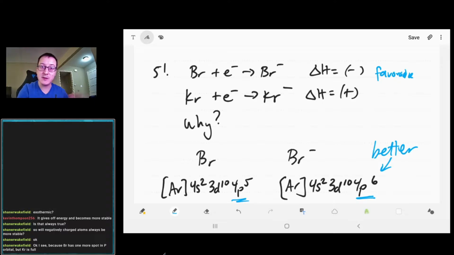If it's positive, it's endothermic, or as we're going to see in Gen Chem 2, endergonic, which just means it's gaining energy, whereas endothermic is gaining heat. For us right now, they're the same thing. And the opposite, negative, is going to be exothermic.